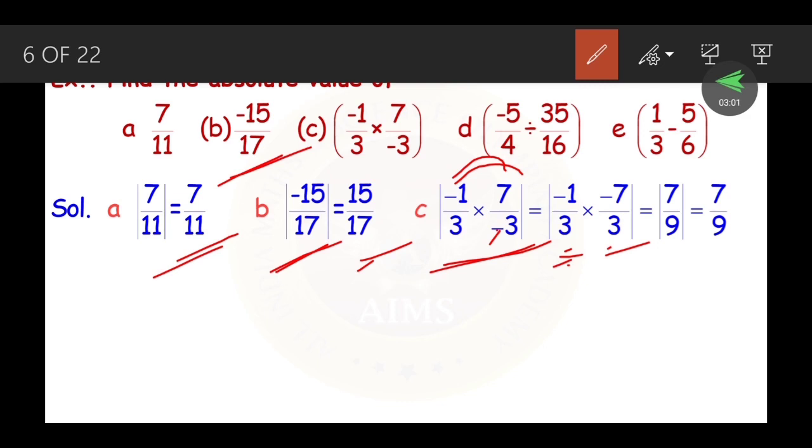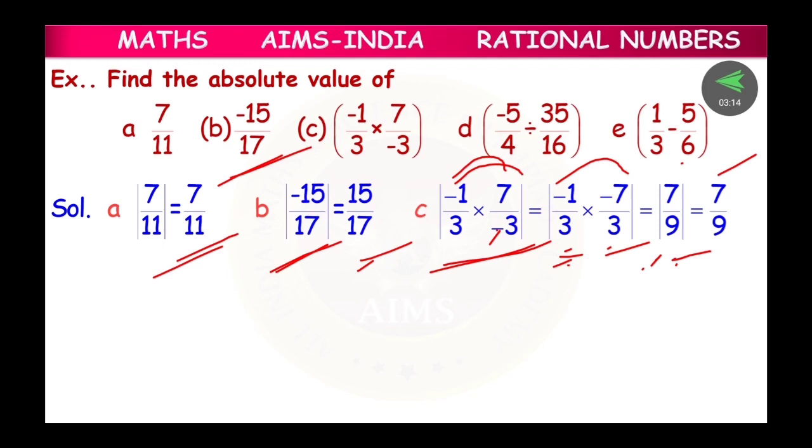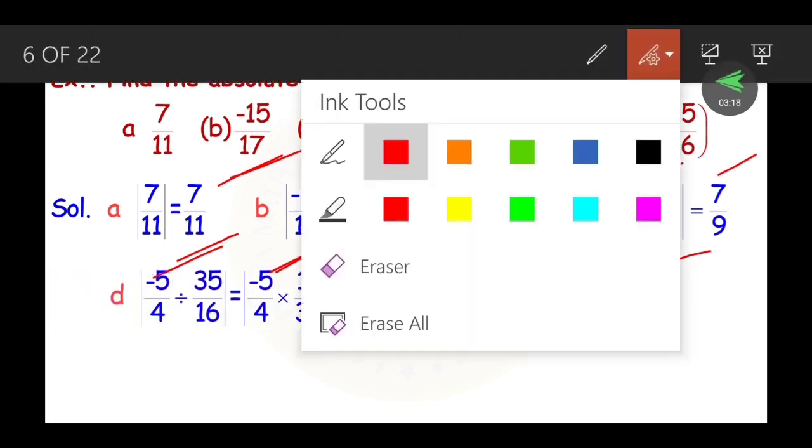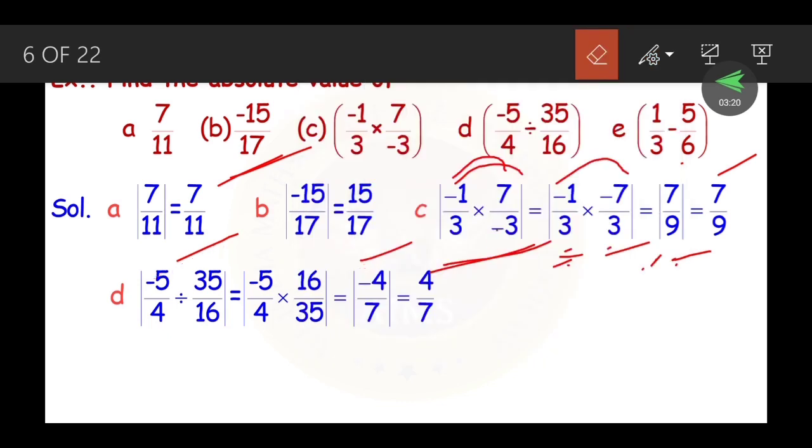It will become minus 7 by 3. After multiplication, minus 1 into minus 7 will become 7. 3 3s are 9. So the modulus value of 7 by 9 is 7 by 9. Like that. So next.